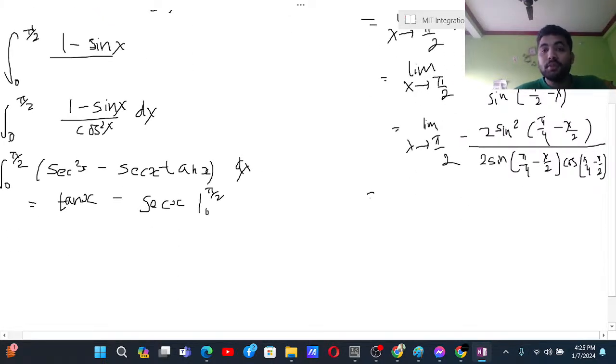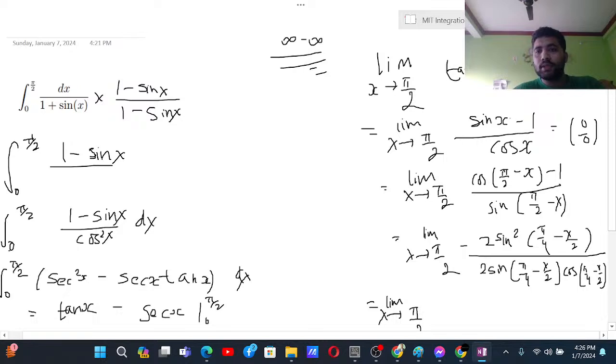And now this will be limit x tends to pi by 2. In our earlier approach we had cos x by sin x, so that was actually working.